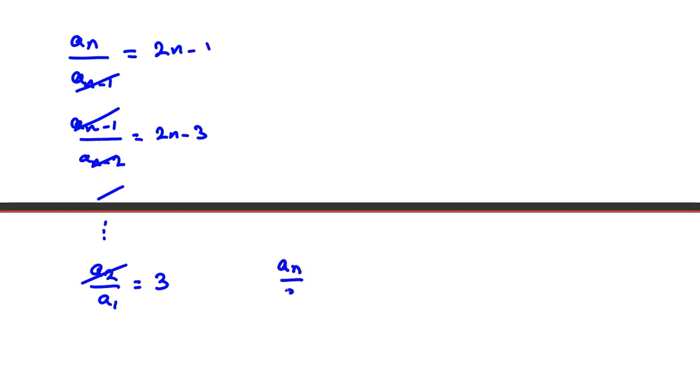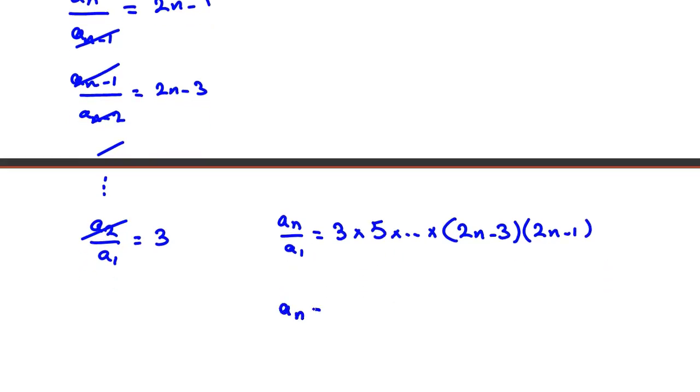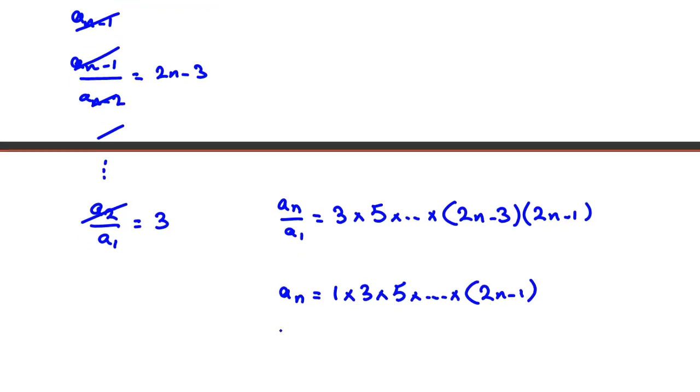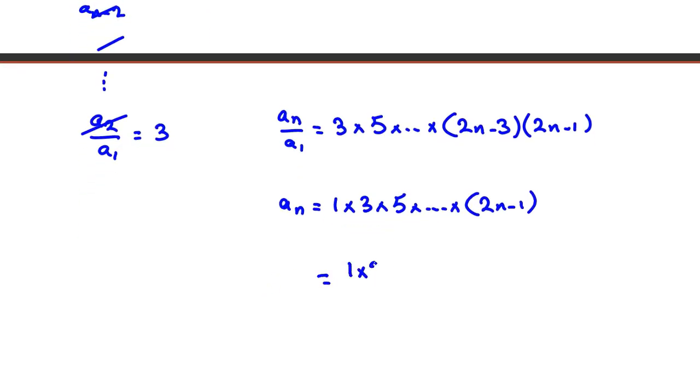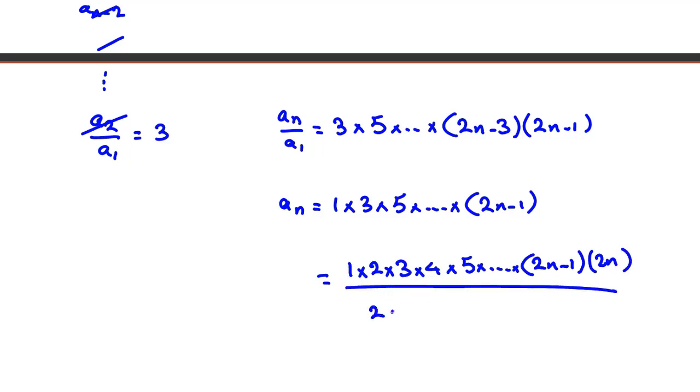So a_n over a1 is 3 times 5 times up to 2n minus 3 times 2n minus 1. Okay? We have a1 is 1, obviously, so a_n will be 1 times 3 times 5 times up to 2n minus 1. Also, we can write it in a different form. We can, for example, add the even numbers: 1 times 2 times 3 times 4 times 5 up to 2n minus 1 times 2n, and then divide by these even numbers, which is 2 times 4 times 6 up to 2n.